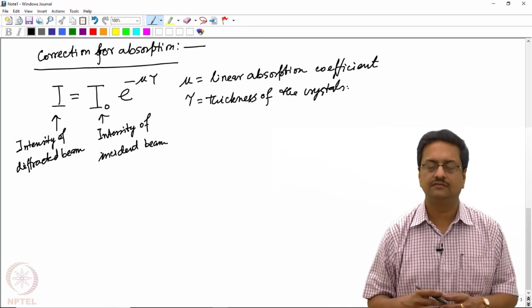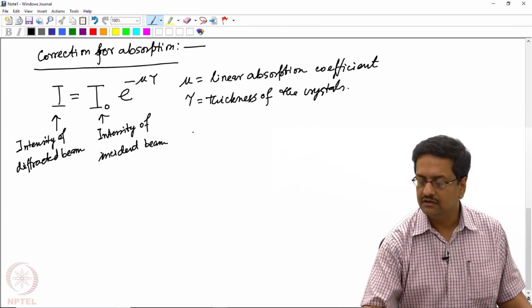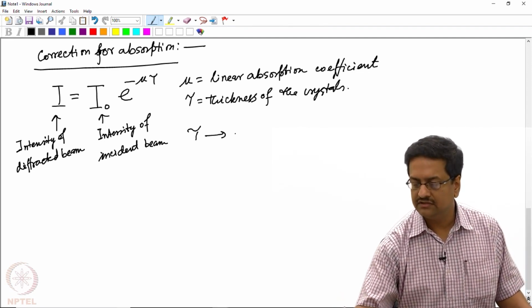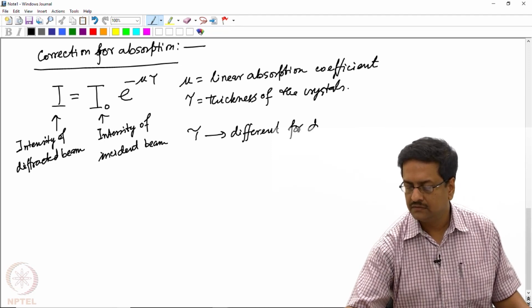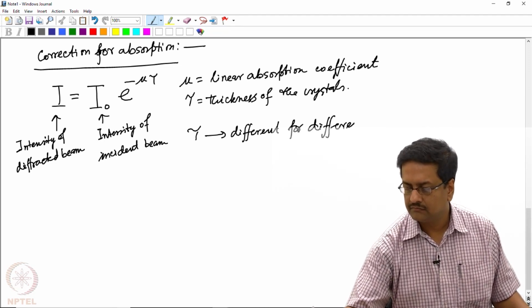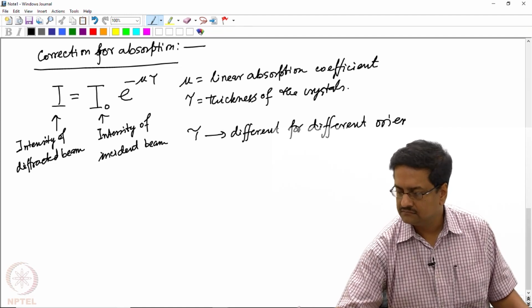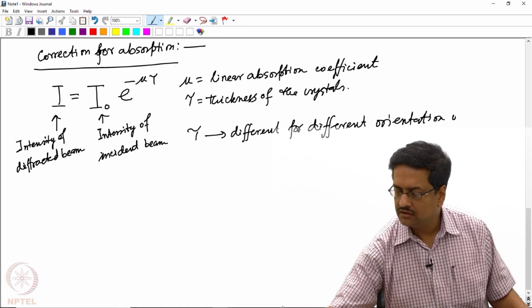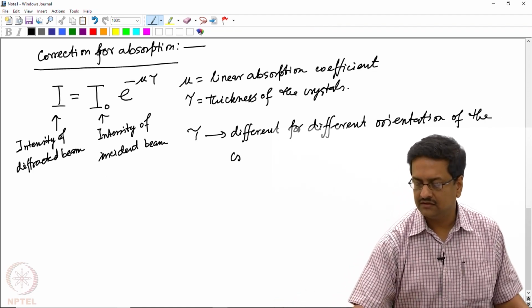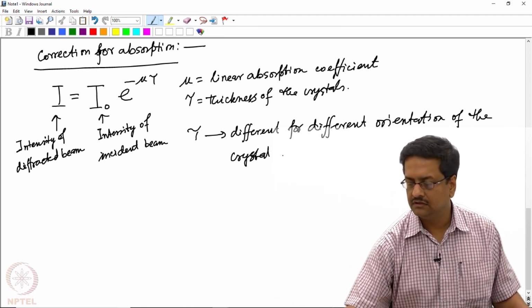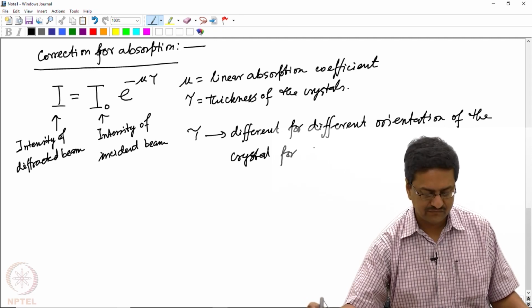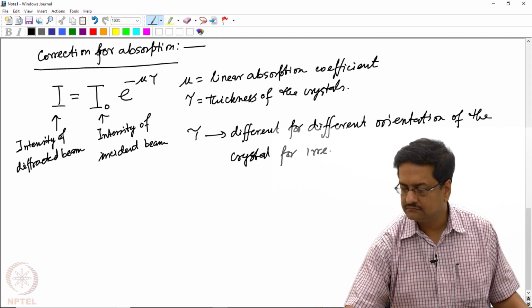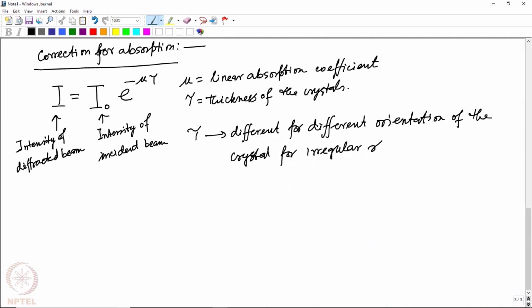So if we have a crystal of irregular shape, this quantity tau is different for different orientations of the crystal.